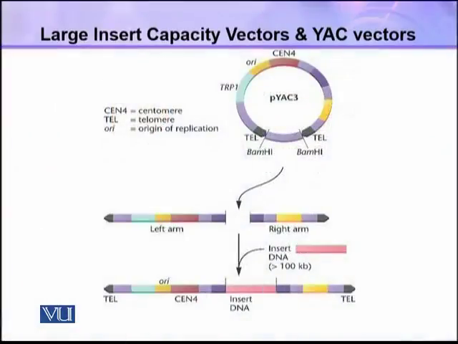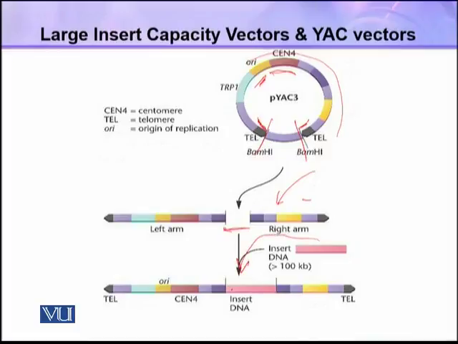So here you can see this is a YAC plasmid, and it contains a centromere, an origin of replication, and these are two telomeres. So this plasmid is cut by BamHI, so it acquires this form, and here a fragment of DNA can be added.